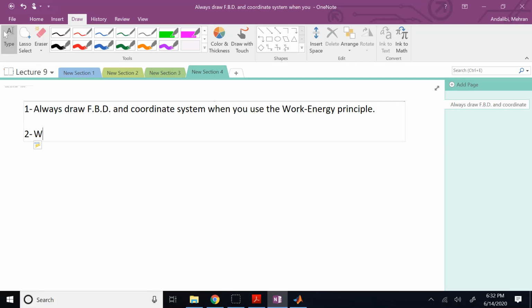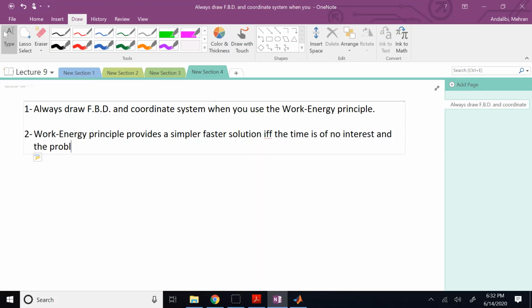2, work energy principle, and I mentioned that in the lecture, provides a simpler, faster solution if the time is not of interest, or the time is of no interest.